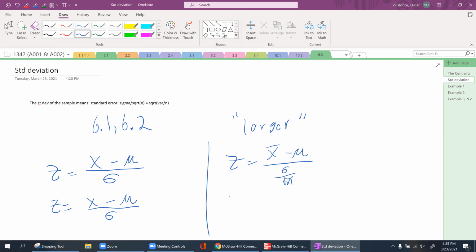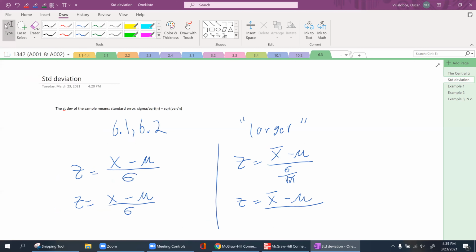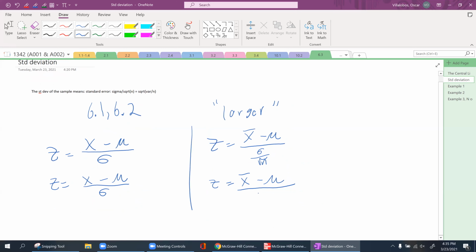So this is going to be z is equal to still the x value you're focused on, just written a little differently, minus mu over the standard deviation divided by the square root of the sample size.